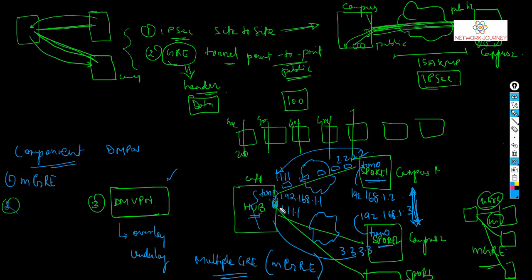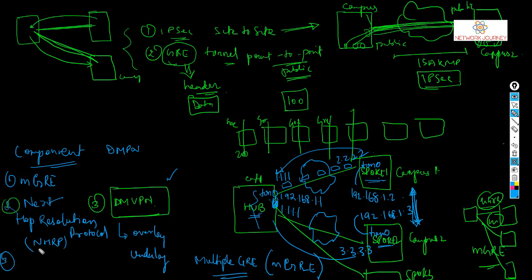So basically the hub must know who the next person is. So the hub is going to make use of the Next Hop Resolution Protocol, in short NHRP. This is the protocol which will help the traffic coming from spoke 1 move towards spoke 2. So basically the hub has to be activated with this protocol.